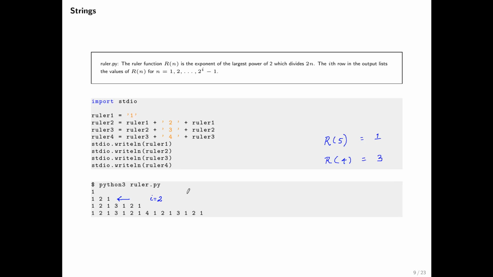So this row is basically listing the values for r(n), where n is 1, 2, and 3. Similarly, this row here is i equals 4, and what you see are the values of the ruler function for n equals 1, 2, and so on, all the way up to 2 to the 4 minus 1, which is 15.